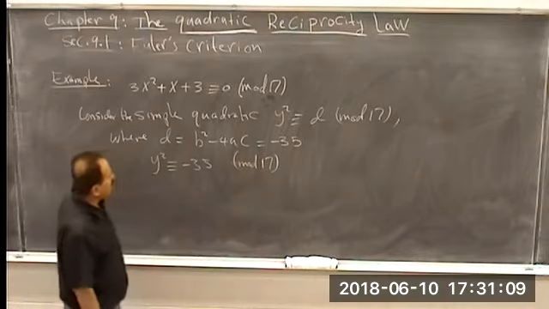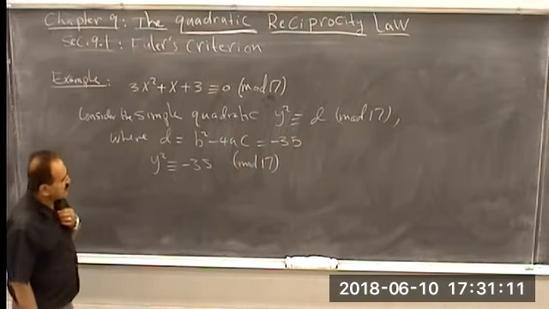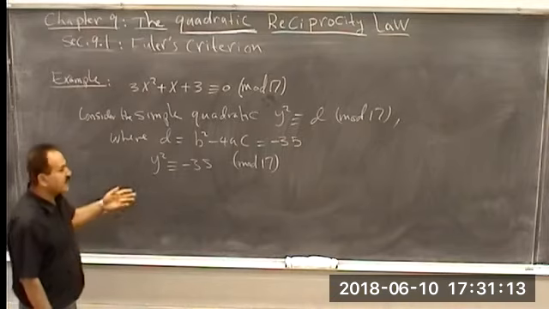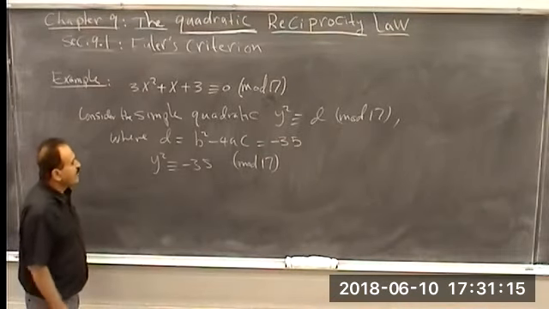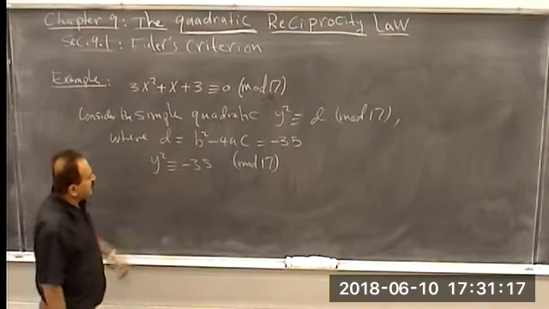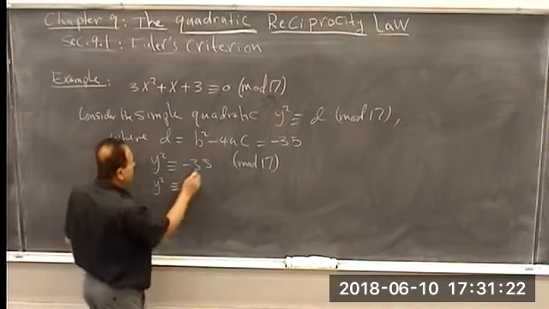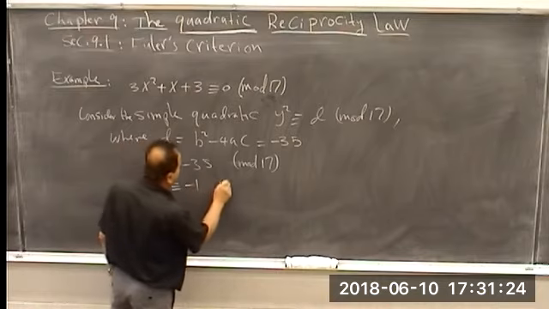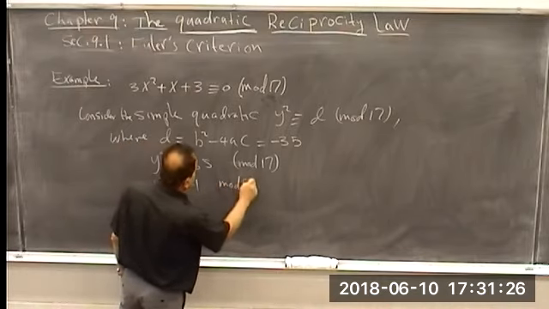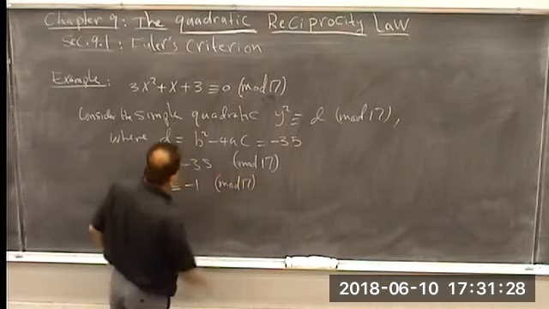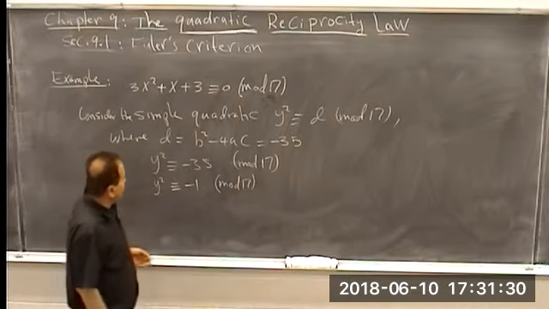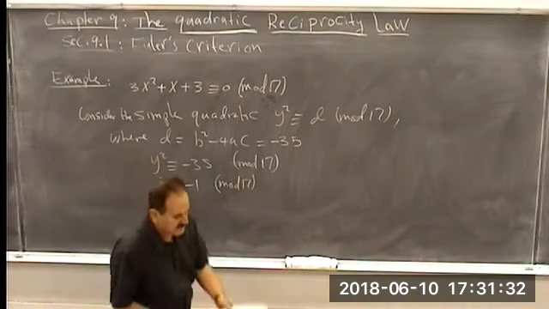In other words, is there actually a perfect square? We're going to find out yes, there is. First of all, we can replace this equation, which is congruent to negative 1 mod 17. So negative 35 is congruent to negative 1 mod 17.